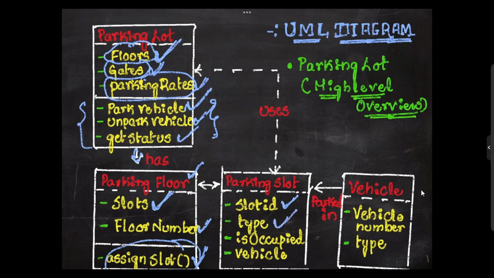When I say type, it can be either bike, car, truck, etc. We also have to check whether the slot is occupied by a particular vehicle or not. So these are the things: the parking slot consists of the slot ID and the type of vehicle, whether it may be bike, car, truck, etc.